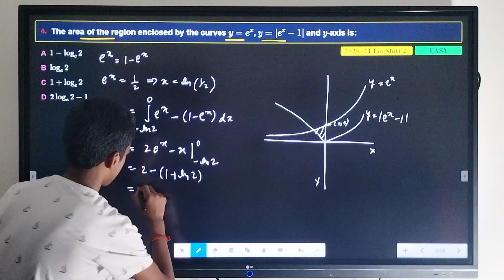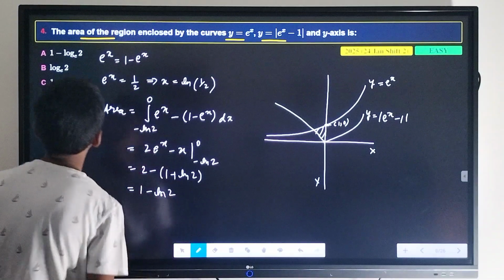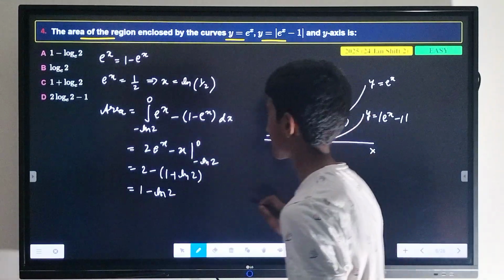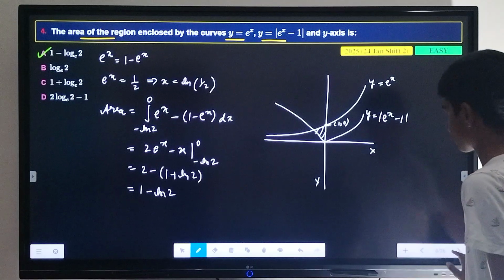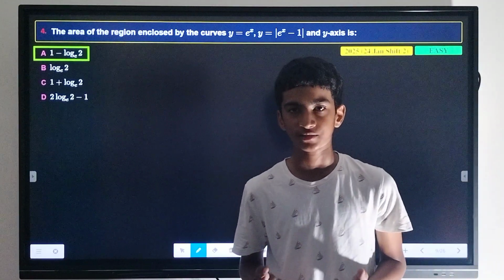So from here this is equal to 1 minus ln 2. So from here our option A is correct. And here is our solution, and we can see that our answer is correct.